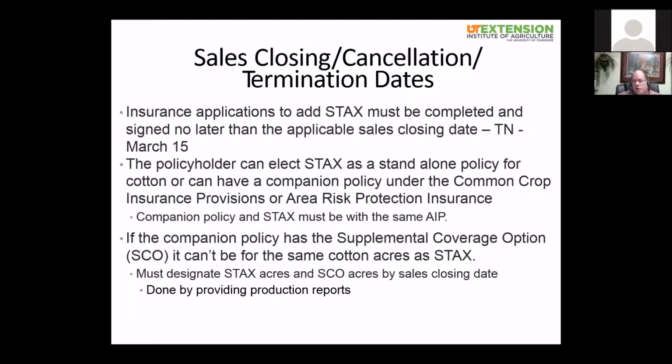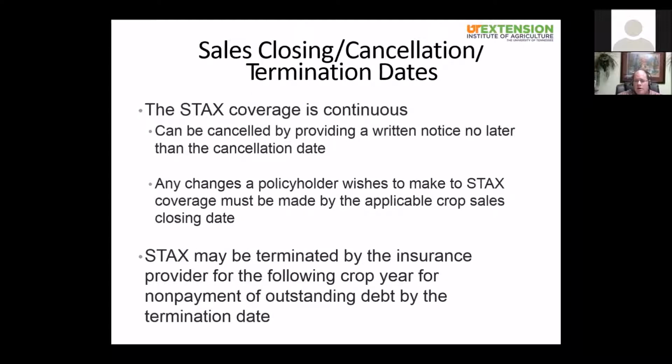If you have a companion policy, they have to be through the same agent. If for some reason you do select the supplemental coverage option, SCO, or STAX is a similar program. However, we just got to make sure we can't have the same cotton acres on STAX and SCO at the same time. You have to designate it by the sales closing date which way you're going on this insurance policy. STAX cover, again, like any other insurance policy, is continuous.